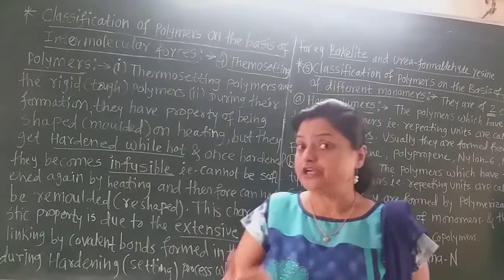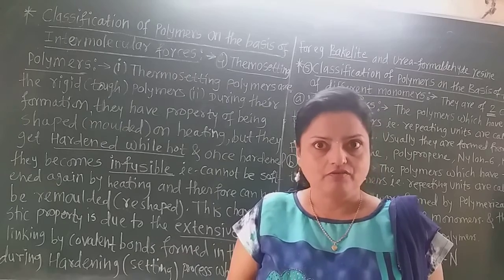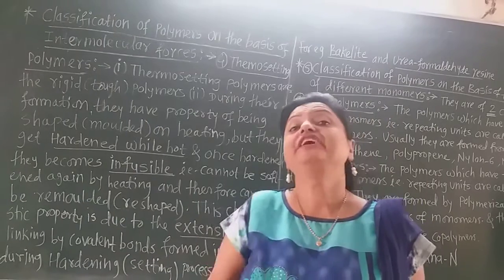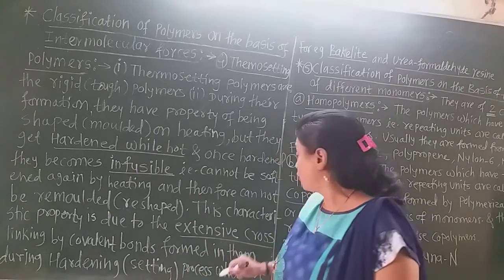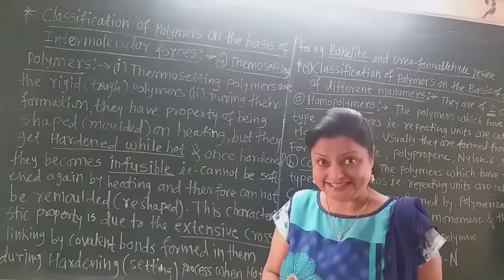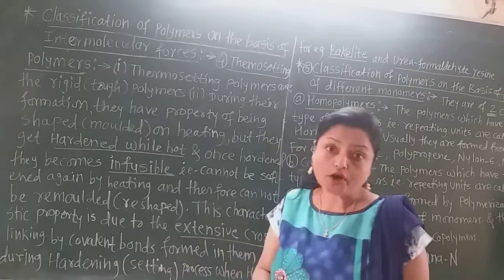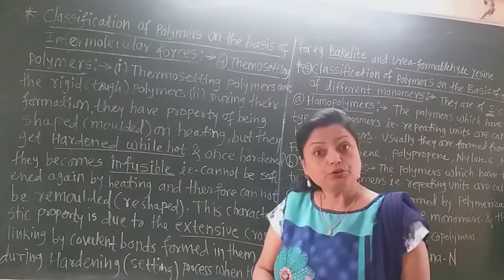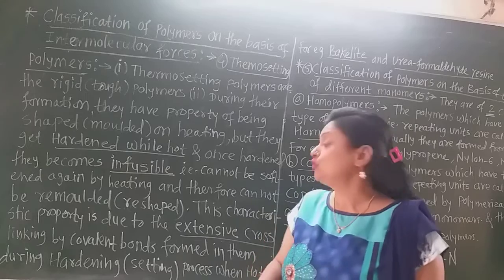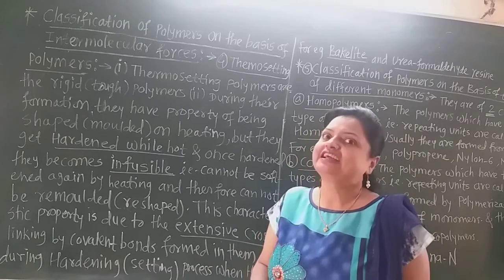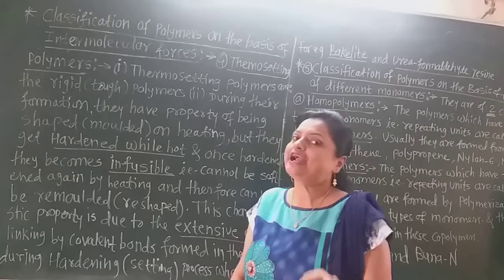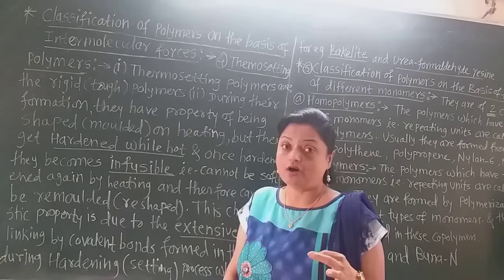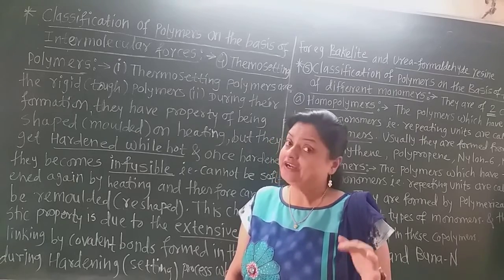When these polymers get hardened while in a hot condition, very intensive cross-linking of covalent bonds is formed between their molecules, and due to this maximum cross-linking, they cannot be remolded or reshaped again on heating.